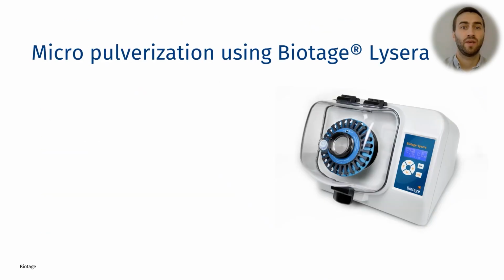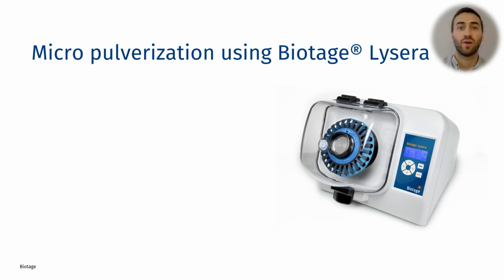As we're dealing with a solid matrix, we use the Biotage Lysera for pulverization. The Lysera is a bead mill homogenizer. It's used to automate grinding, lysing, homogenization of solid samples. There's an interchangeable finger plate, which allows processing of small and large sample volumes and weights.